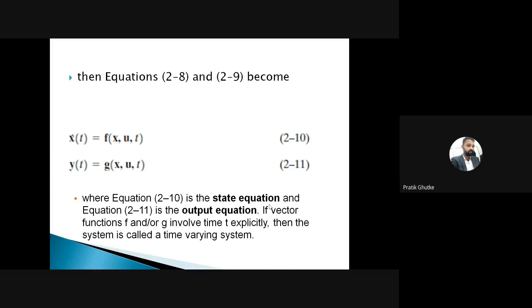The input equation is also called the state equation, which is denoted by x. X of t is your input equation or the state equation, and the equations represented by y of t are called the output equations.